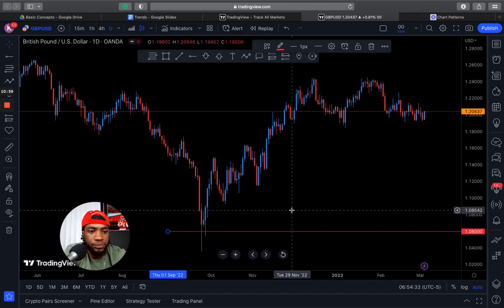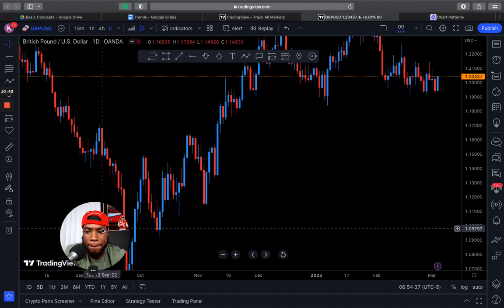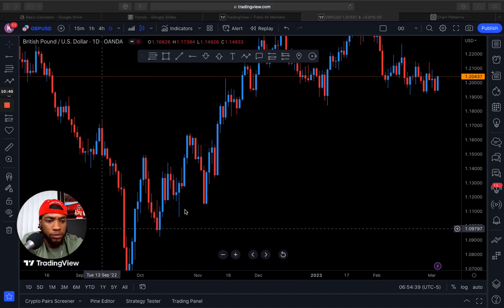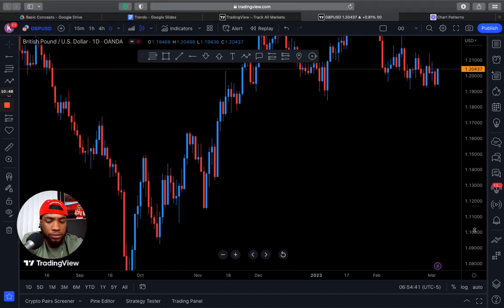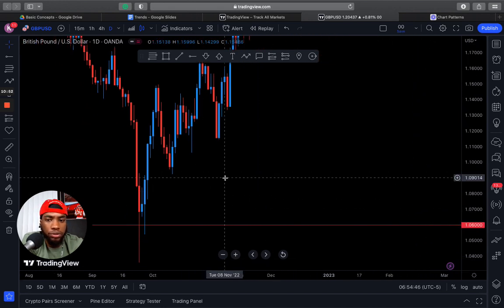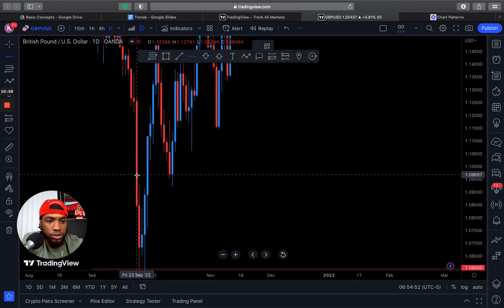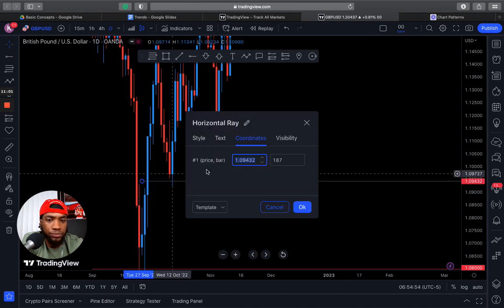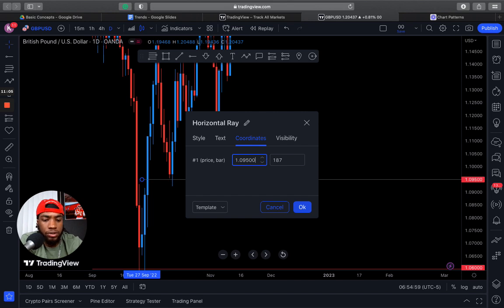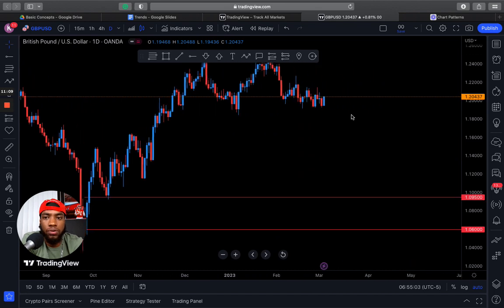And oftentimes, what I'll do is when I see price coming to potential support or resistance zones, I'll just look and see what is the closest whole number. All right, so you look, and this is typically something I'll do beforehand. All right, so let's just say where price is sitting right now.